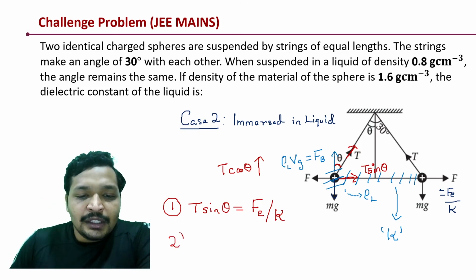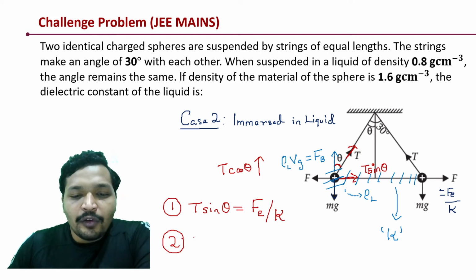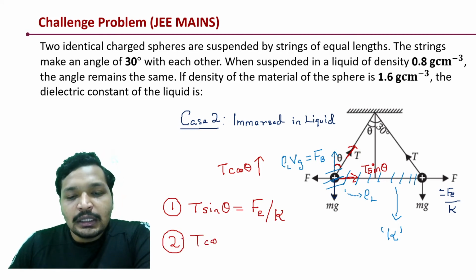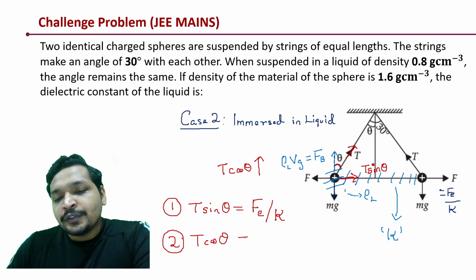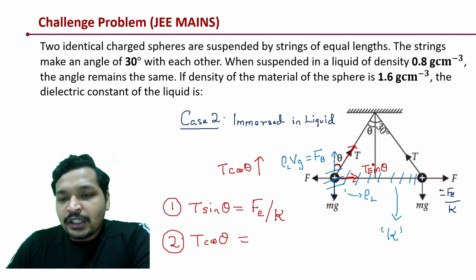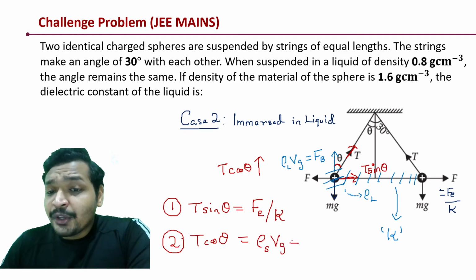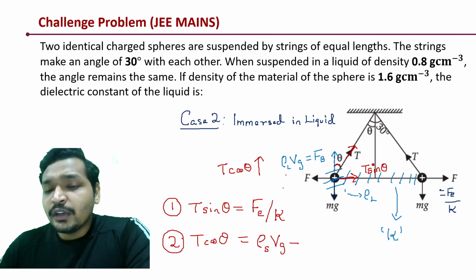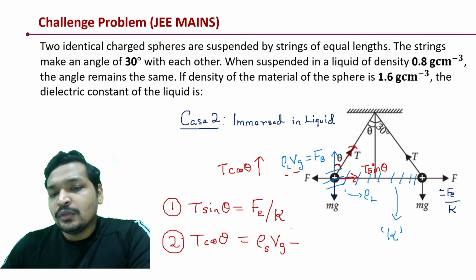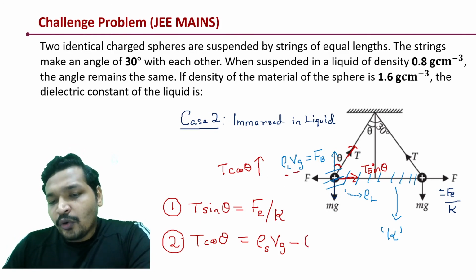And then we have T cos theta. Now T cos theta is also reduced. Which are those two balancing forces? Mg, which we can write as rho of solid into volume into G. And what is the buoyancy force? We know that rho of liquid into volume into G.